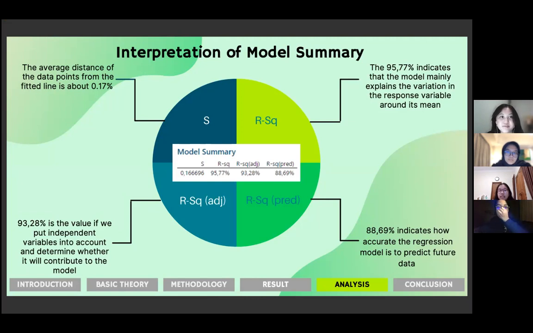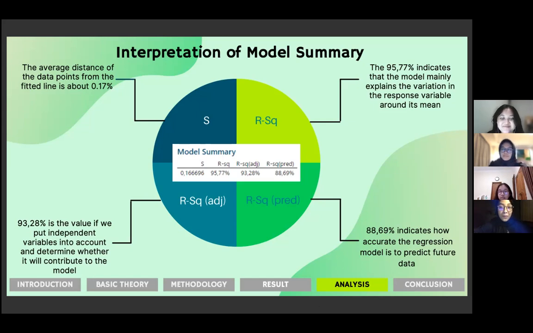This indicates that the model has predominantly explained the variation in the response variable around its mean. Third, adjusted R-squared takes into account the number of independent variables used for predicting the target variable to find out if new variables would actually increase the model fit. The value we get is 93.88%. The value of 88.69% indicates the accuracy of the regression model in predicting future data.